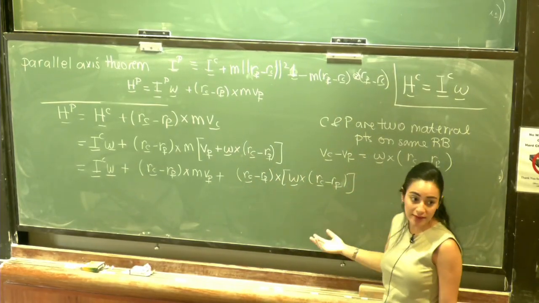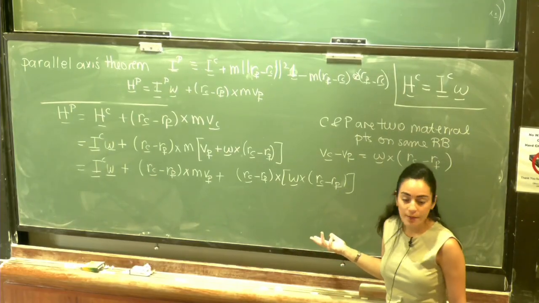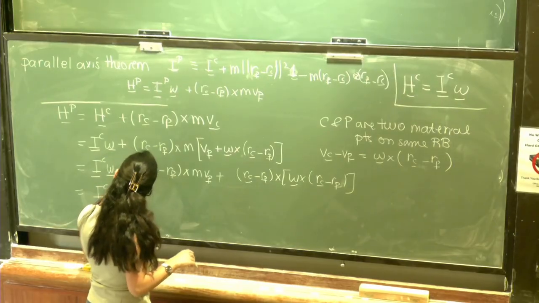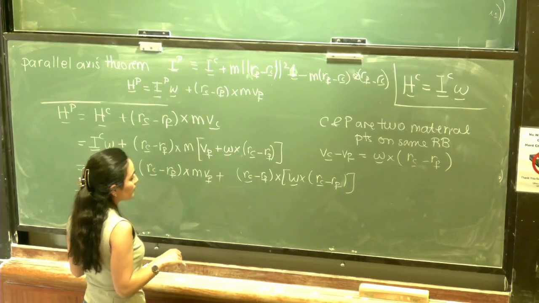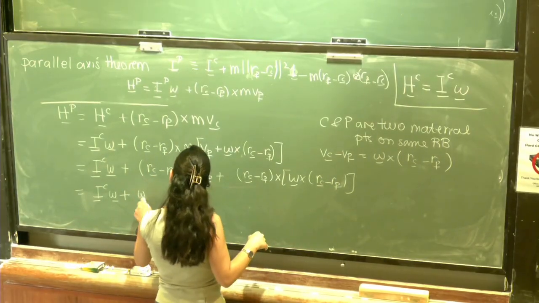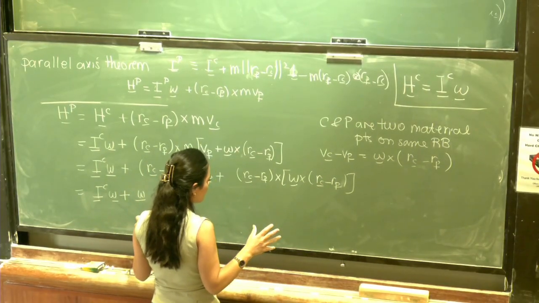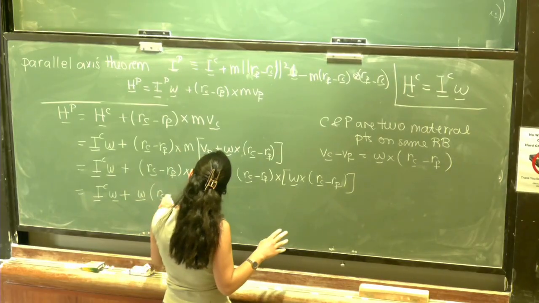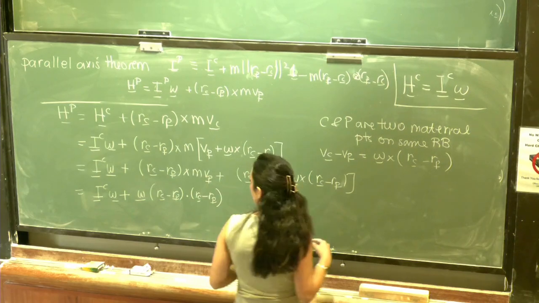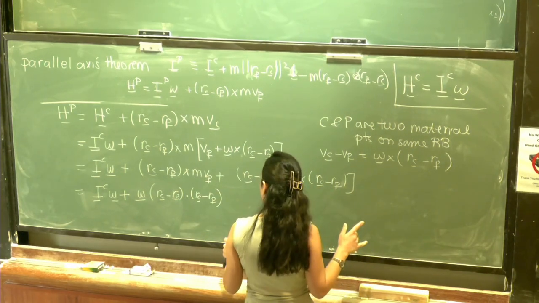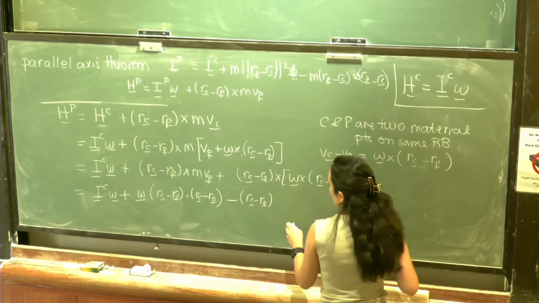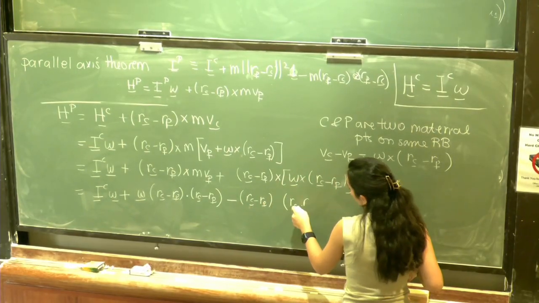I'm going to use which identity that we just learned about? The back cap, right? So that's going to be IC omega, plus back cap, so B omega BA dot C, so RC minus RP dot RC minus RP back cap minus C RC minus RP times RC minus RP dot omega.